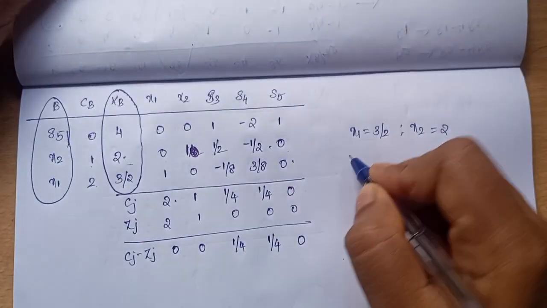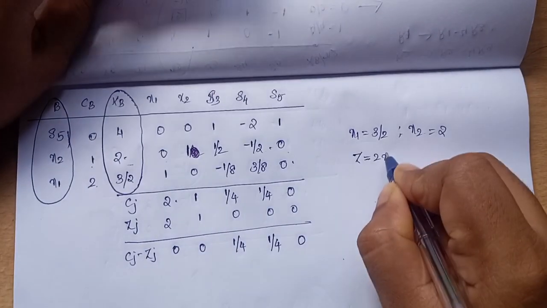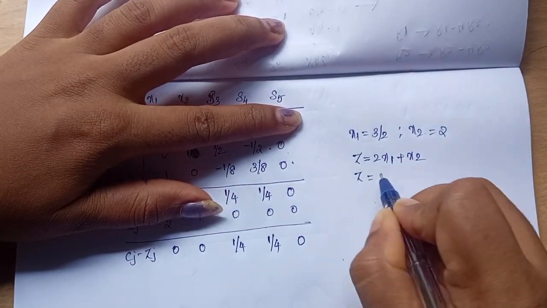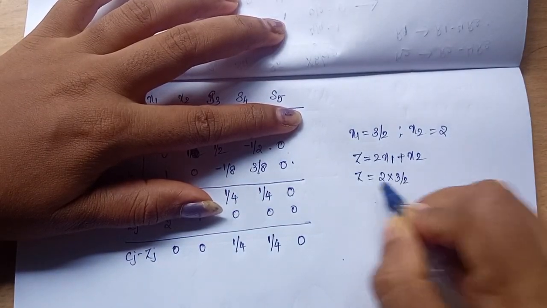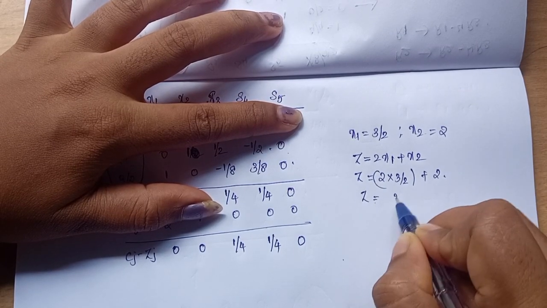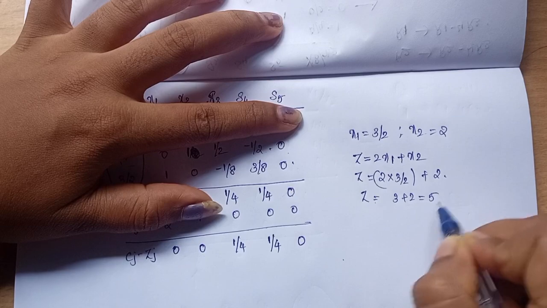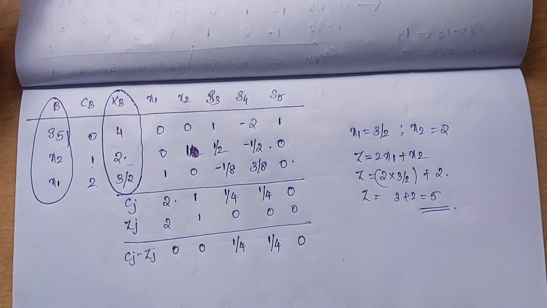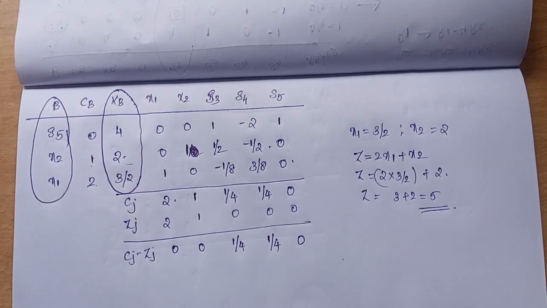The objective function is z equal to 2x1 plus x2. Substitute these values in z, we get 2 into 3 by 2 plus 2. Solving this, we get z as 3 plus 2 equal to 5. So here 5 is the minimum value of the objective function, or 5 is the solution of this LPP question by the simplex method.